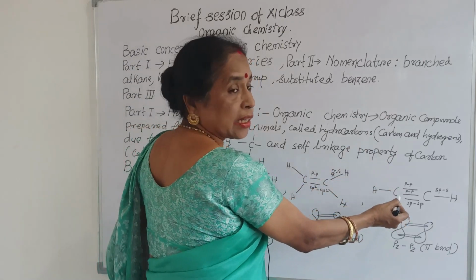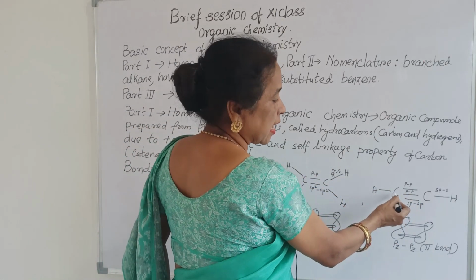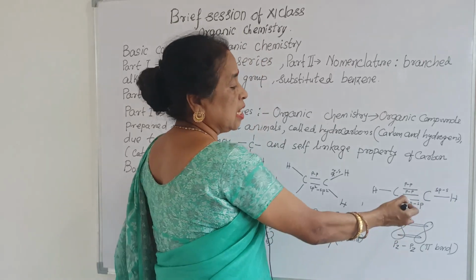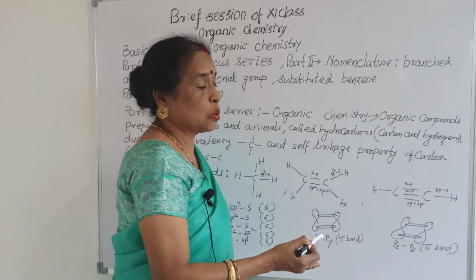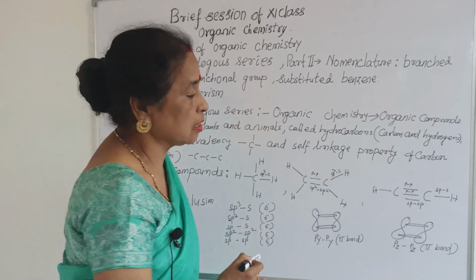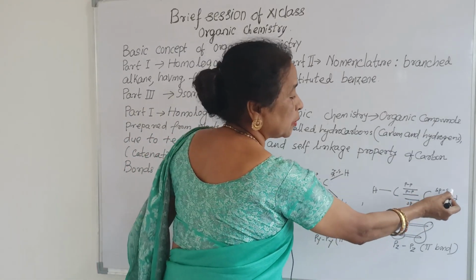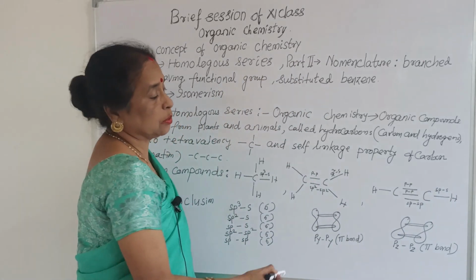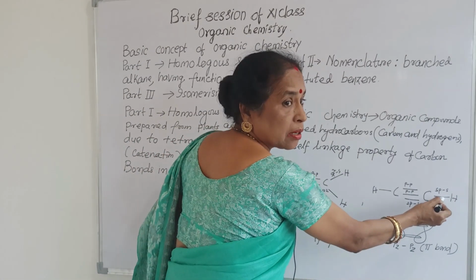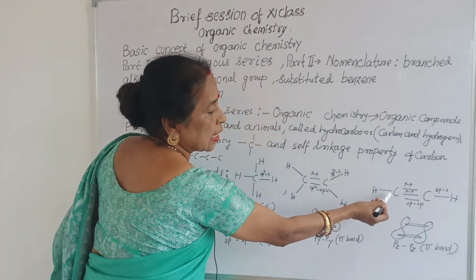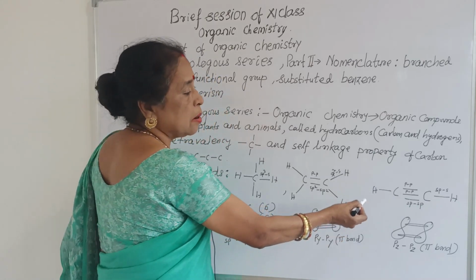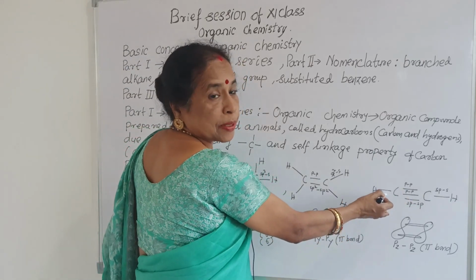Then come to ethyne. Ethyne also contains 2 carbon atoms. Each carbon atom undergoes sp hybridization. The sp hybrid orbital of this carbon overlaps with the 1s orbital of hydrogen and forms a sigma bond. On this side also, the sigma bond is formed by sp-s overlapping.